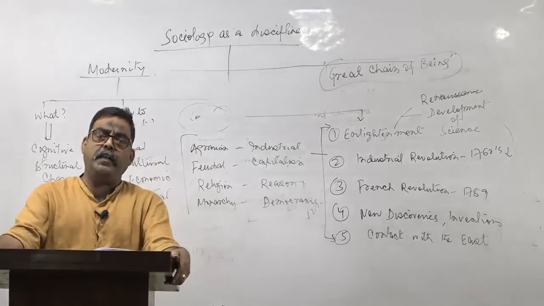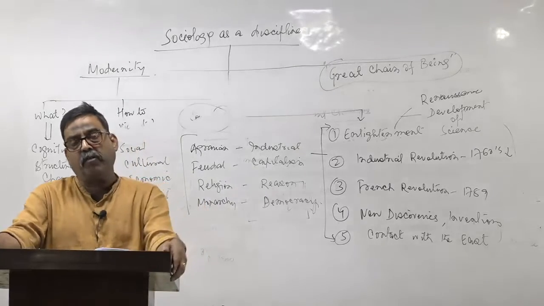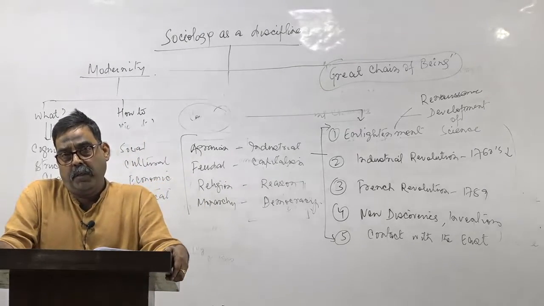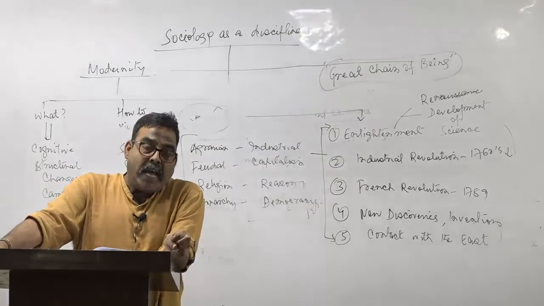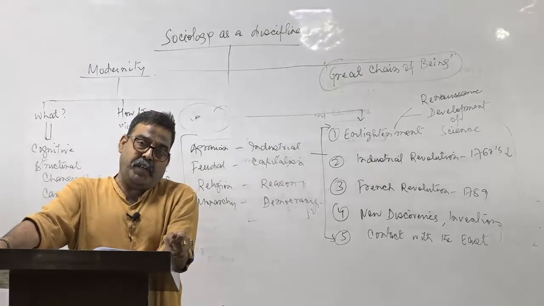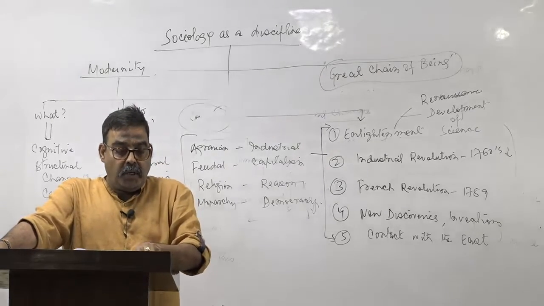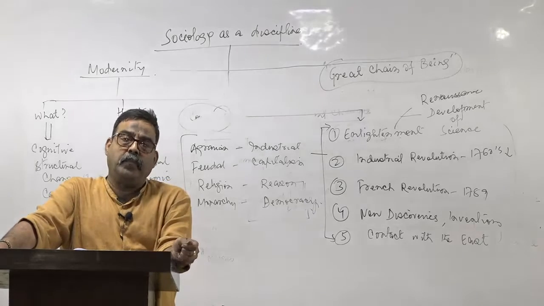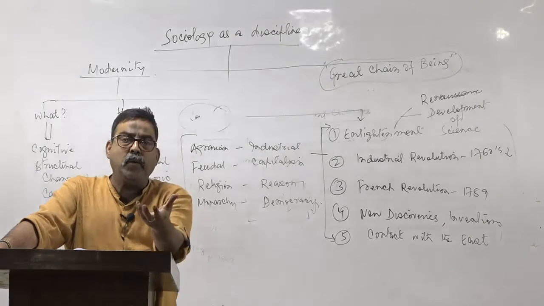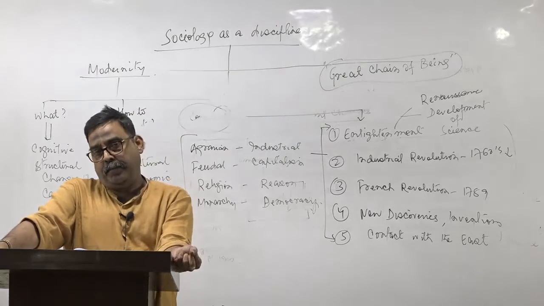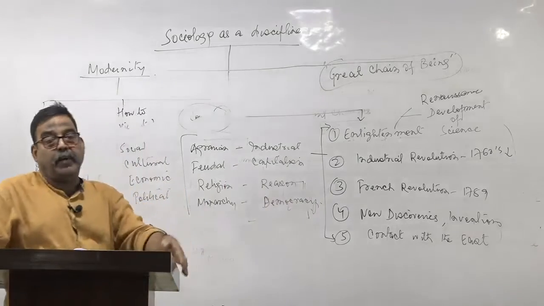And once again I repeat the line: in these consequent changes, in this condition, it was felt that a new science or study of society has to be developed and established, which could study society in a more scientific manner. The culture tied to land started proving inadequate because the changes had taken place.